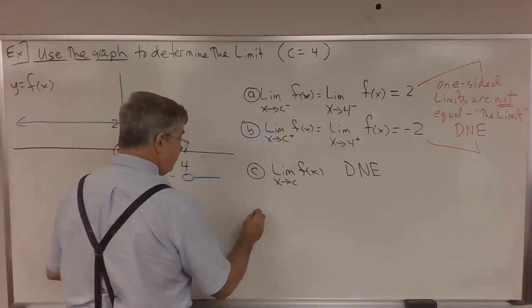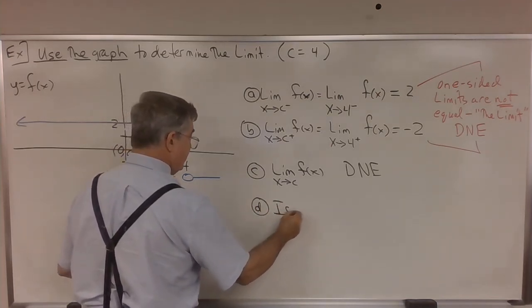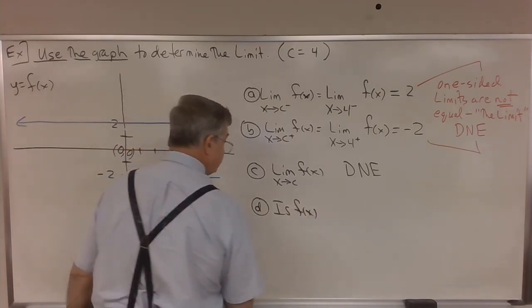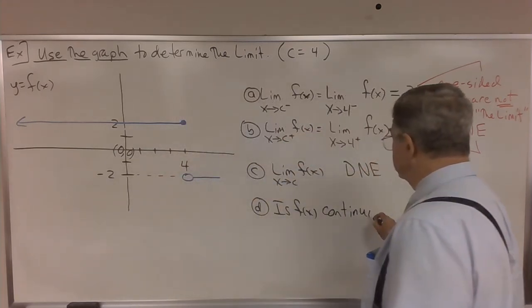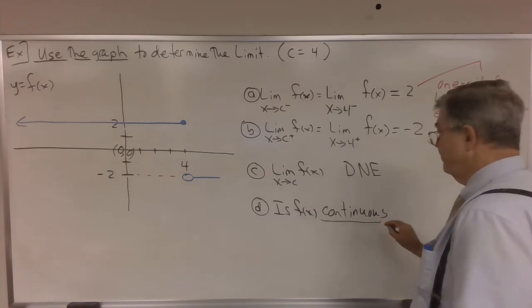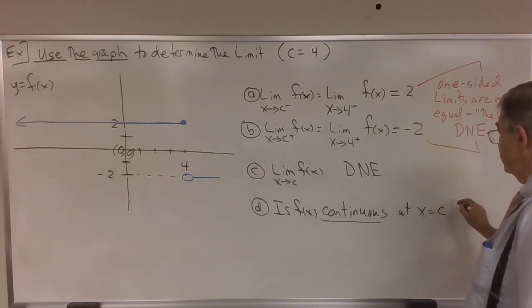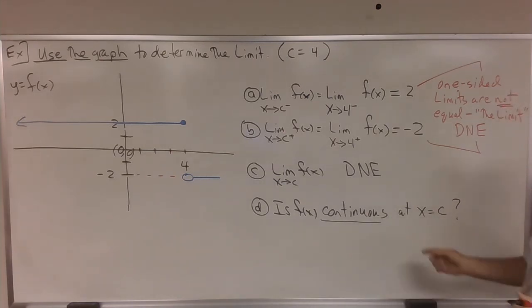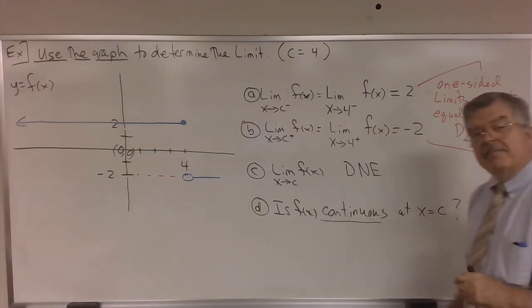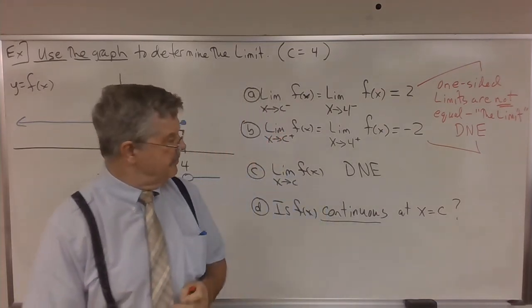And then there's a fourth part to this question. Is f of x continuous at x equals c or x equals 4? Again, the answer is we don't know, because I have not covered continuous functions yet.